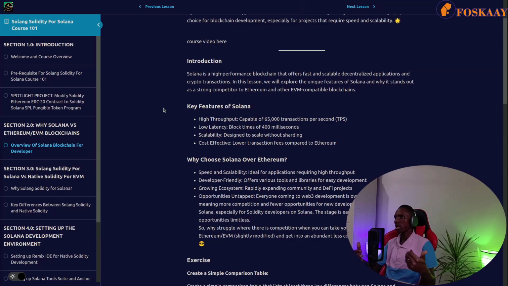And the third one is scalability, because Solana has been designed to scale, and it's a no-brainer. If something can handle that level of transactions, then on its own, compared to Ethereum, it is already scalable, because that is more than 1,000 times the transactions.